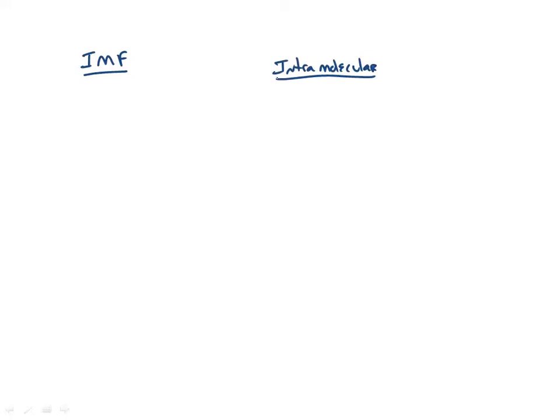And so your book is maybe not making a big differentiation between that. Remember, intramolecular is between atoms. This is between molecules. This is generally considered covalent or ionic, right?